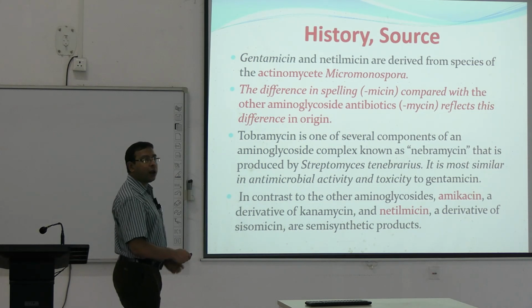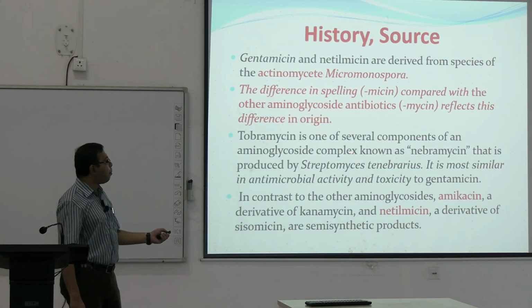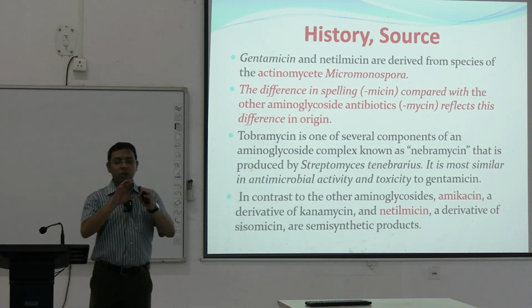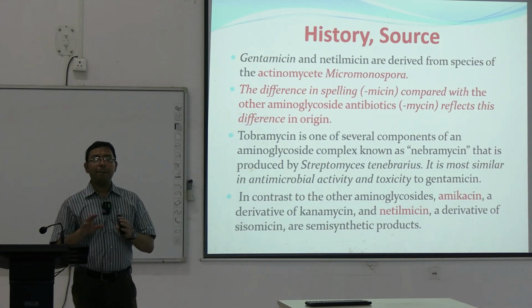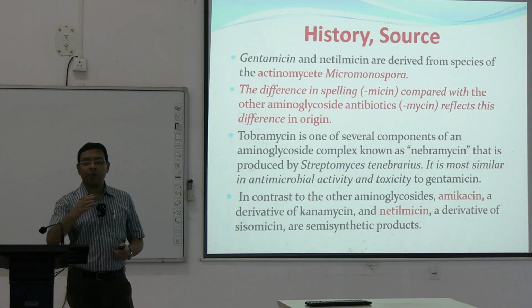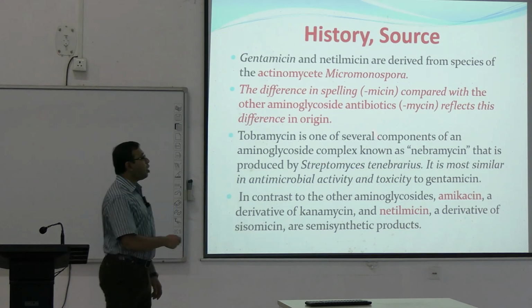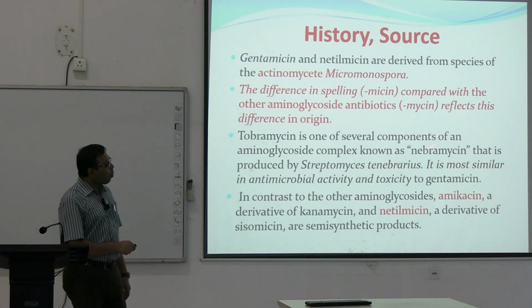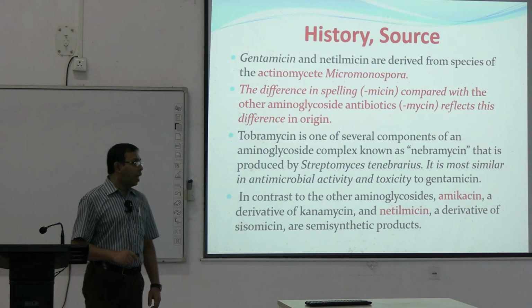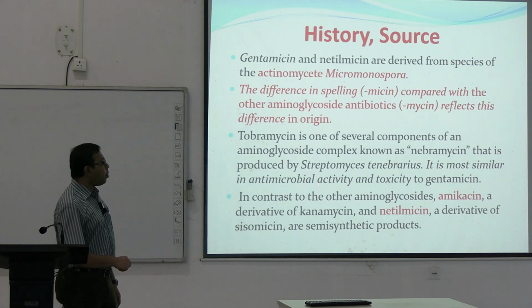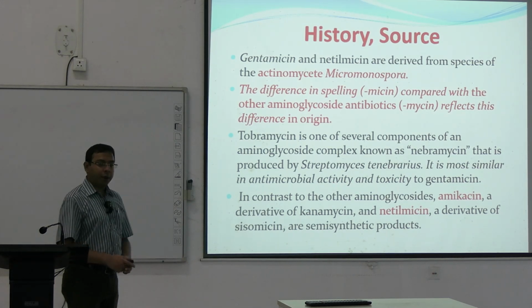Tobramycin is one of several compounds of an aminoglycoside complex known as Nebramycin. Within this complex there are different types of aminoglycosides, obtained from Streptomyces tenebrarius. These also end with MYCIN. It is most similar in antimicrobial activity and toxicity to Gentamicin.